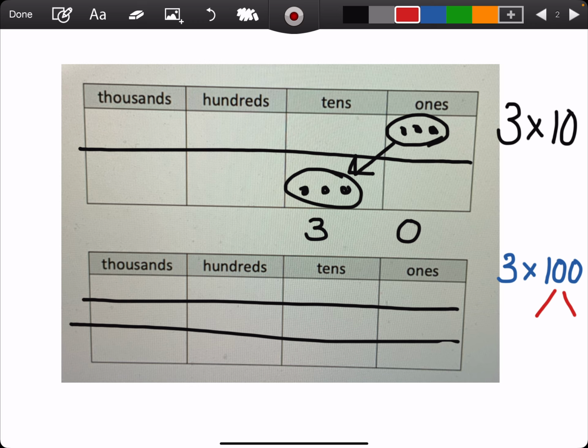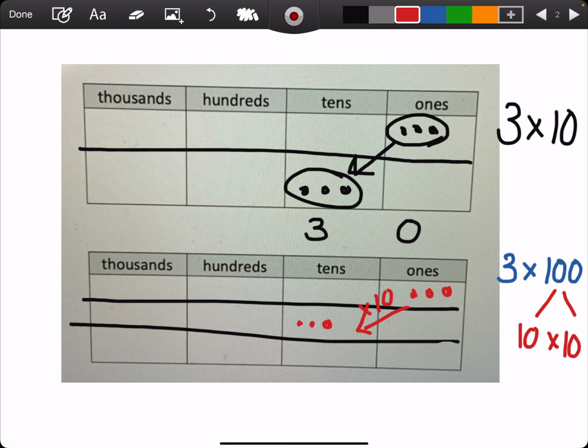Well, that 100, and we're thinking our powers of 10, is 10 times 10. So I'm starting with 3 ones.